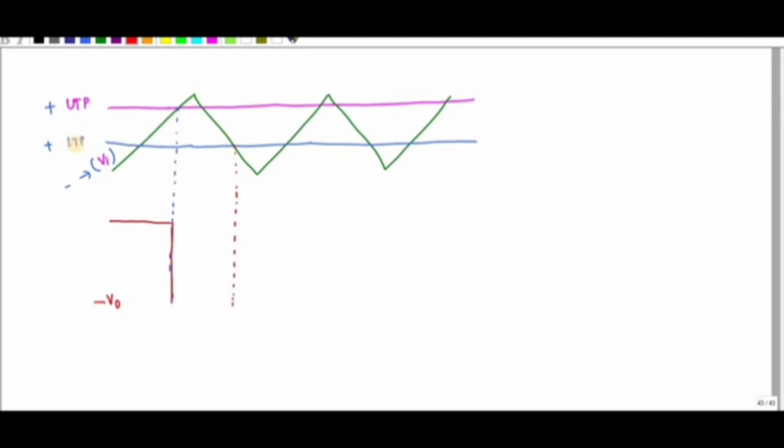After the LTP value, you can see the minus value is less than the plus value, so it will again go to plus V0 till it reaches this.